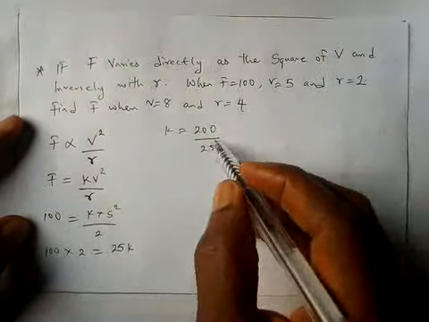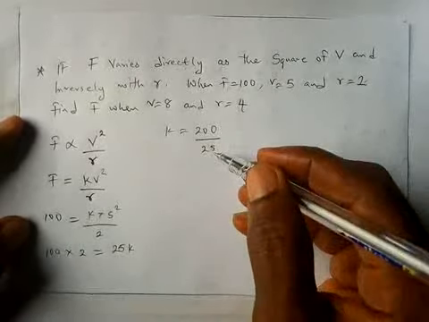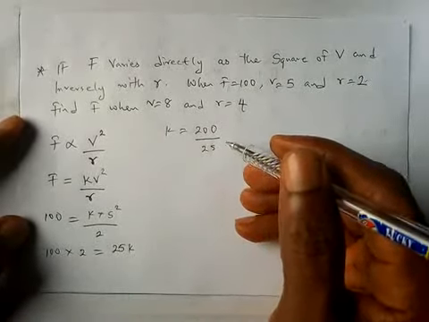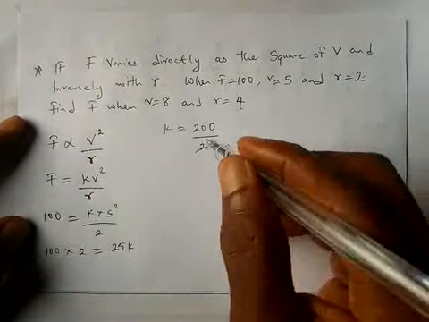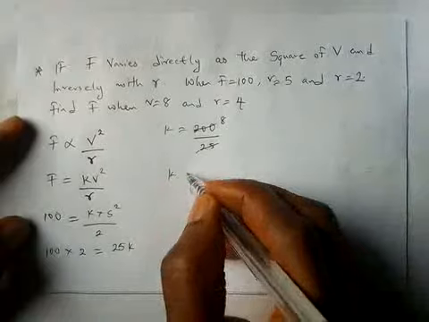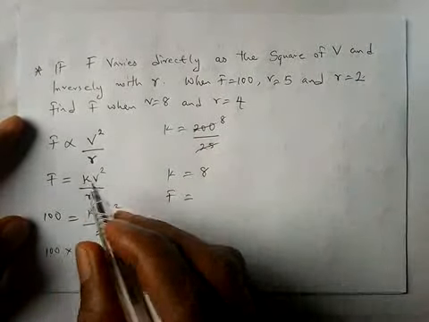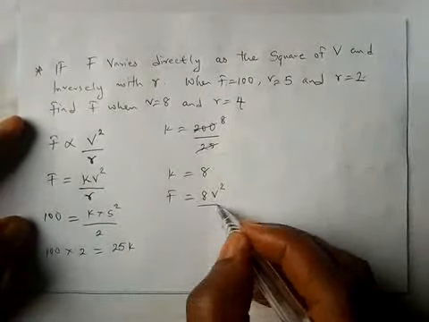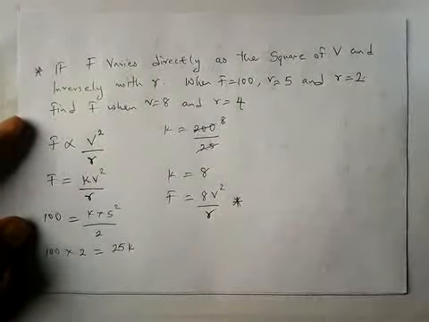So if we divide, k is 8. So our relationship now becomes f is equal to 8v squared over r.